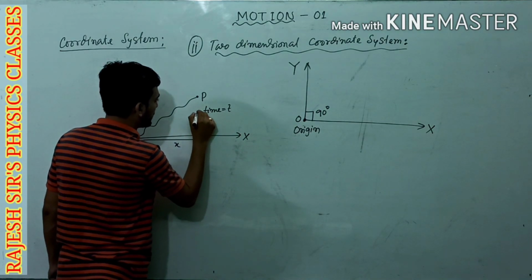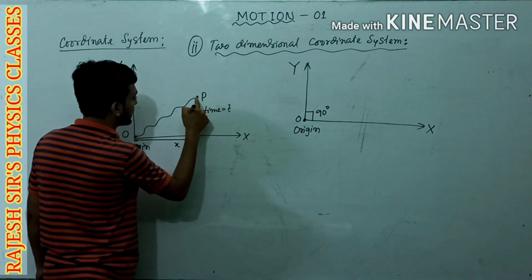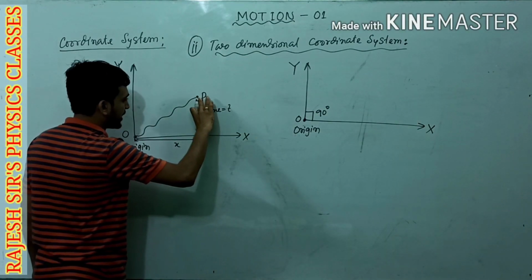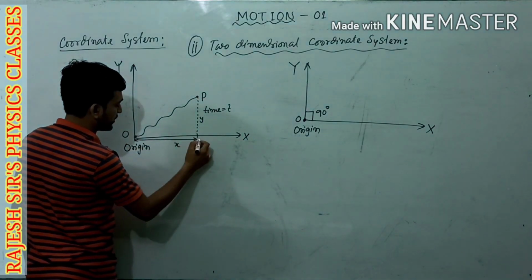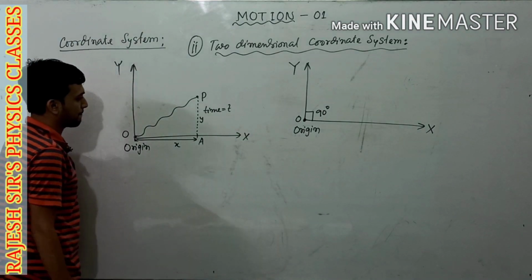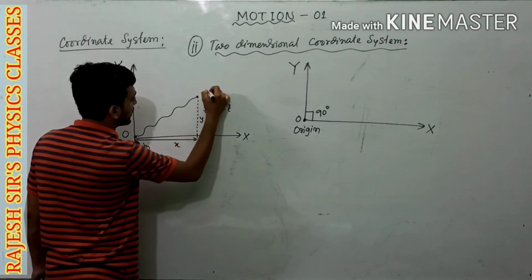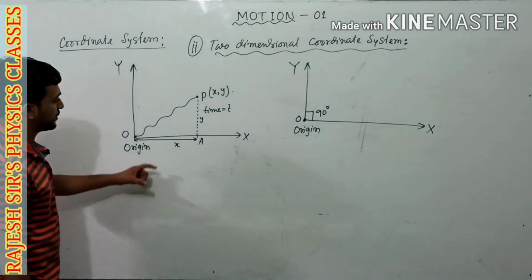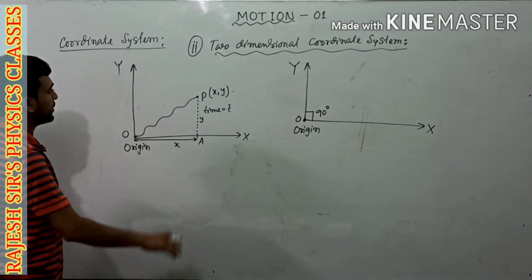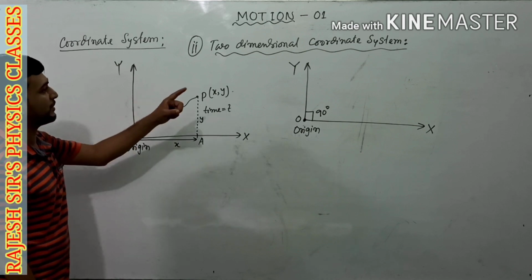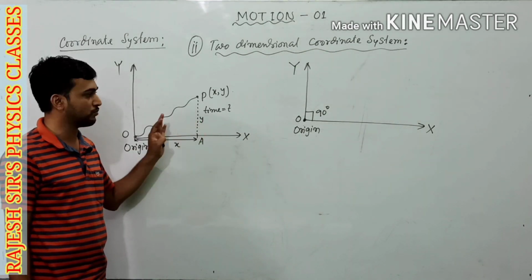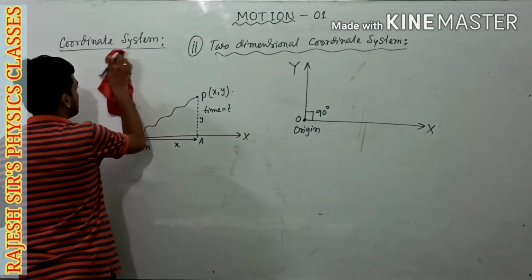After that we have to move parallel to y-axis so that we can reach the final point P. Suppose this distance is y, and this one is A. So what will be its location? It will be x comma y. So in this way we can use two-dimensional coordinate system to identify the location of any object moving on a plane.